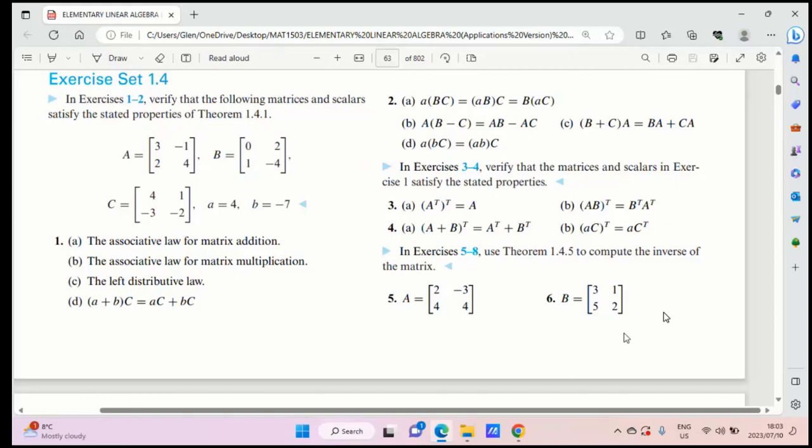Where is 3, you place 2. And then you change the sign of +5 and 1, which is going to be -5 and -1. Now the first row of our matrix is 3 and 1, right? Yes. Then the second row is 5 and 2.